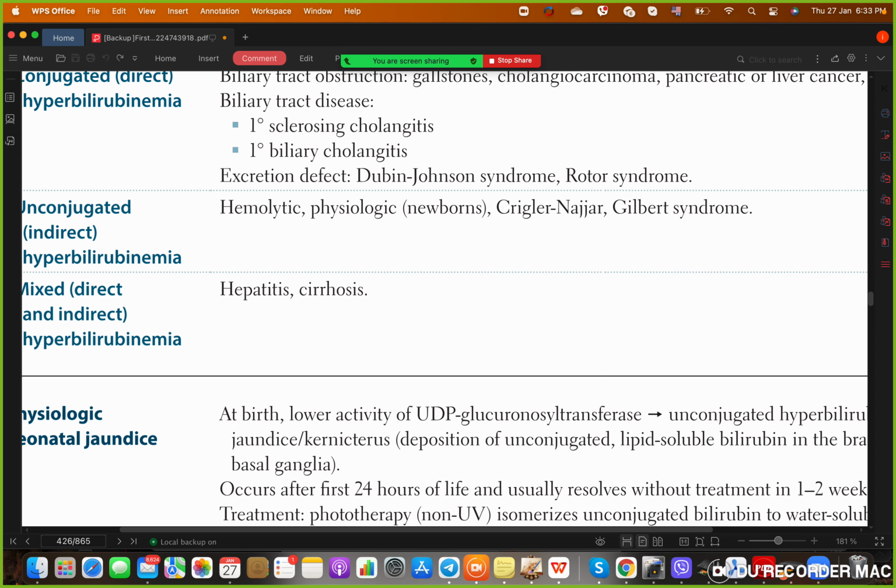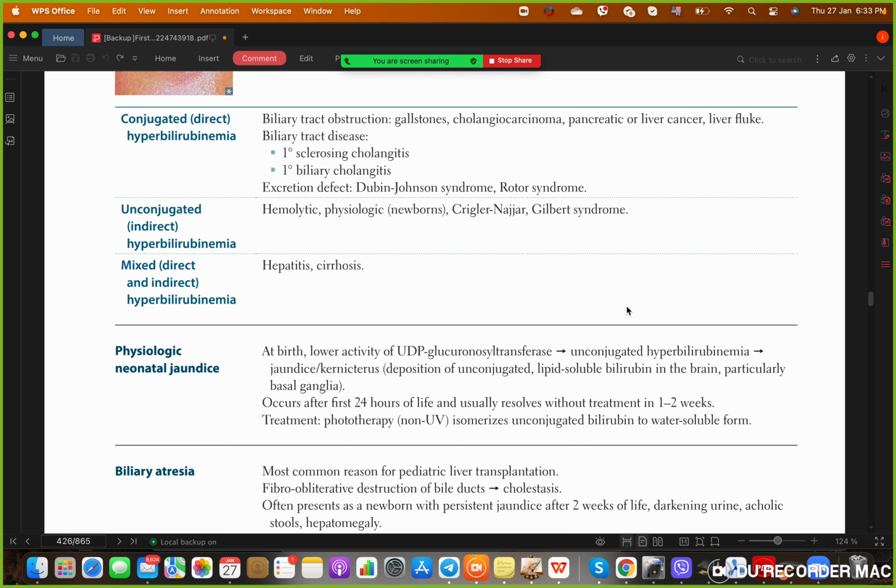Here they mention two other causes of indirect hyperbilirubinemia, including Crigler-Najjar and Gilbert syndrome. Which one sounds more evil? Crigler-Najjar. So in Crigler-Najjar, we will have total absence of the UDP glucuronidase transferase, while in Gilbert syndrome, we will have only partial loss of it.